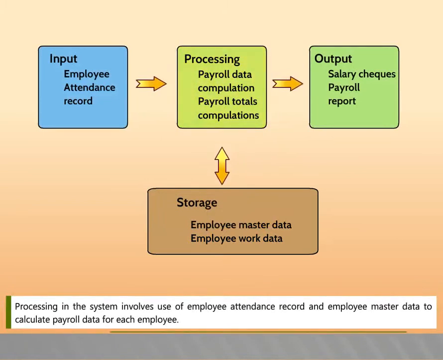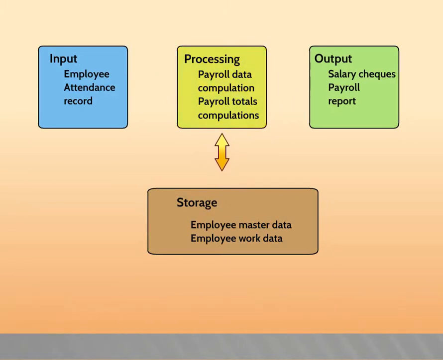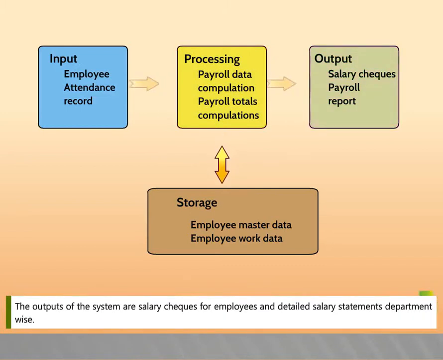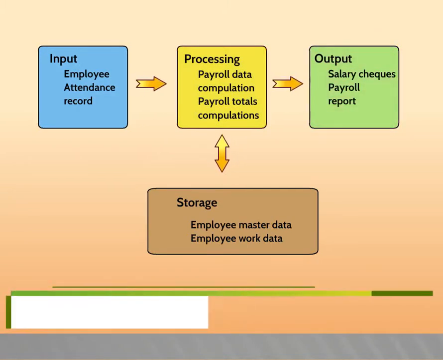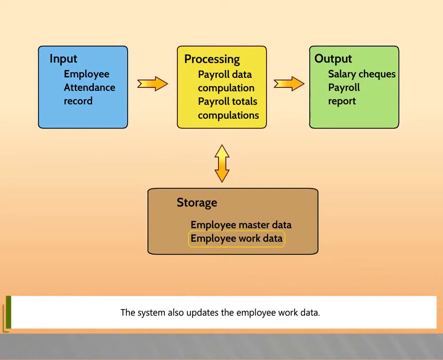Processing in the system involves use of employee attendance record and employee master data to calculate payroll data for each employee. The outputs of the system are salary checks for employees and detailed salary statements department-wise. The system also updates the employee work data.